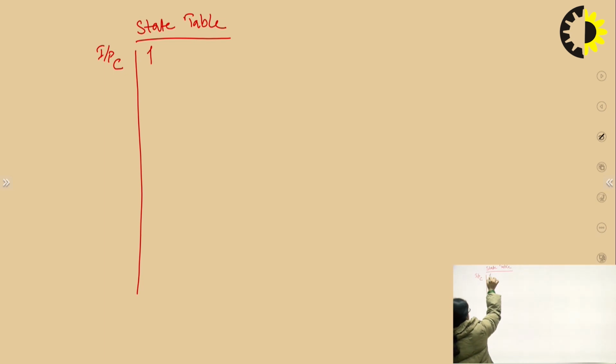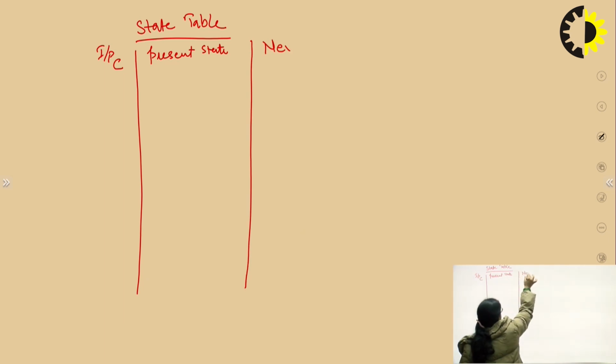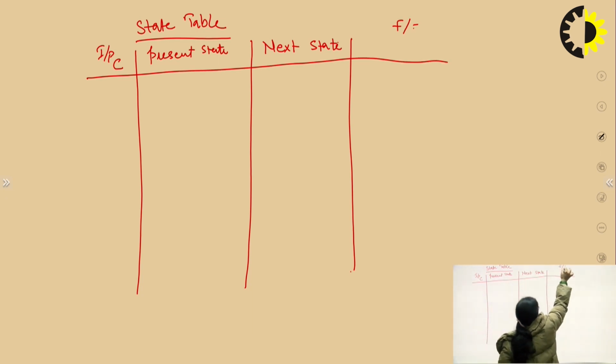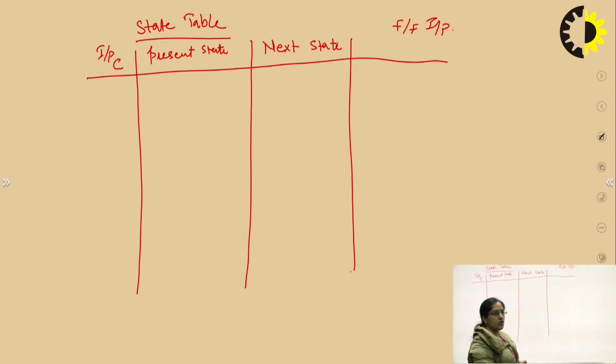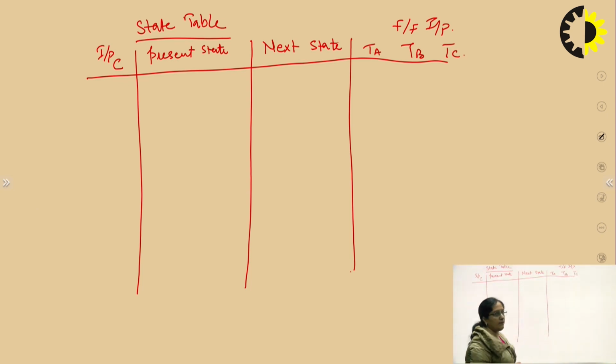Then we have a present state, a next state, and from this we decide the flip-flop inputs. While designing a counter, we mostly choose T flip-flops, so we take TA, TB and TC as the 3 flip-flops for a 3-bit counter.